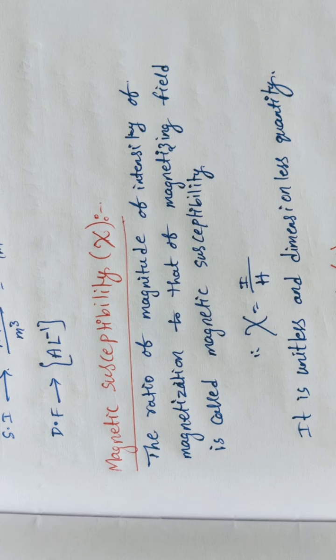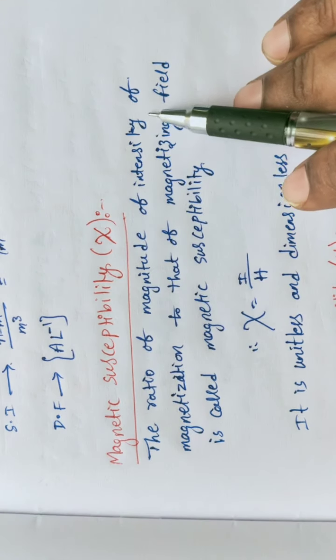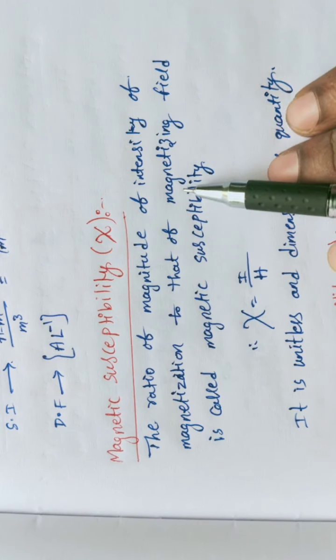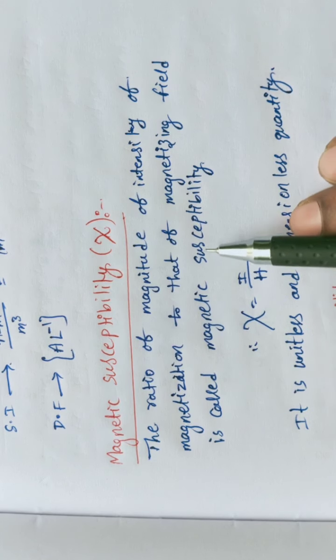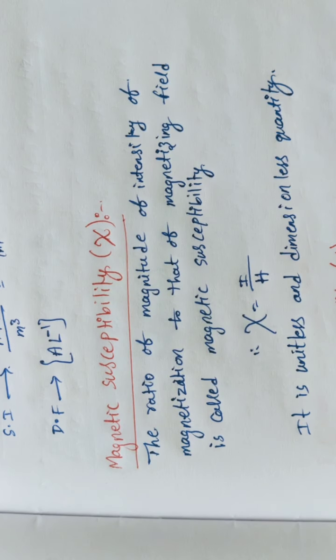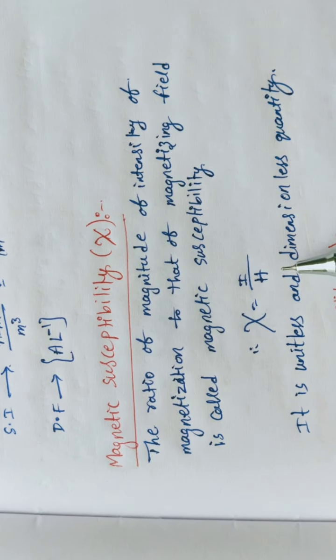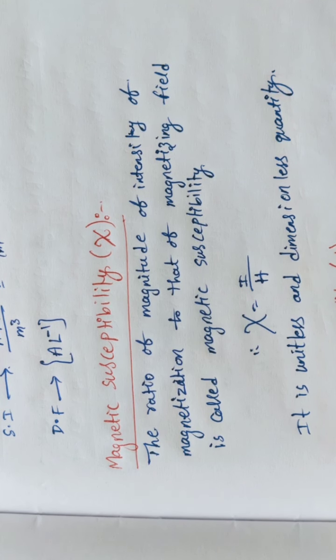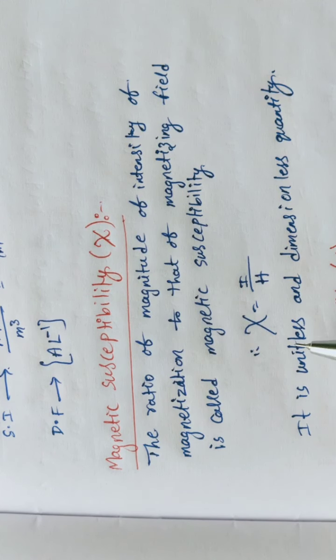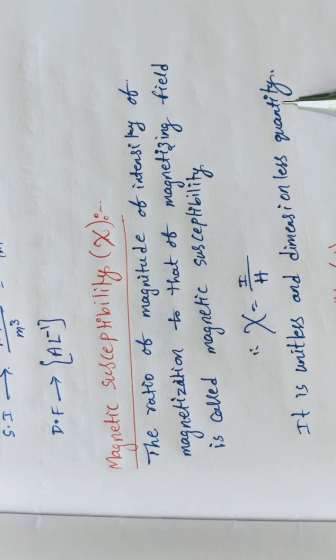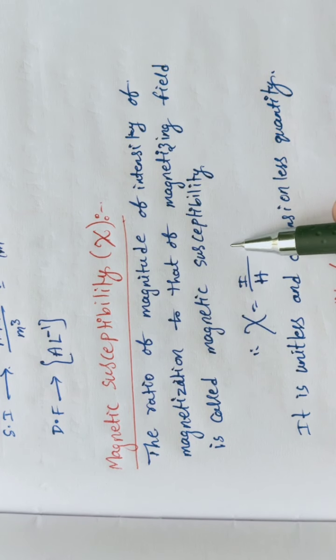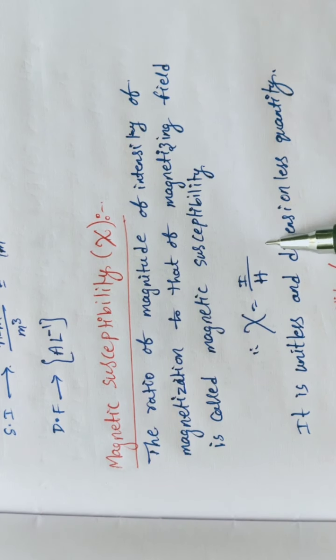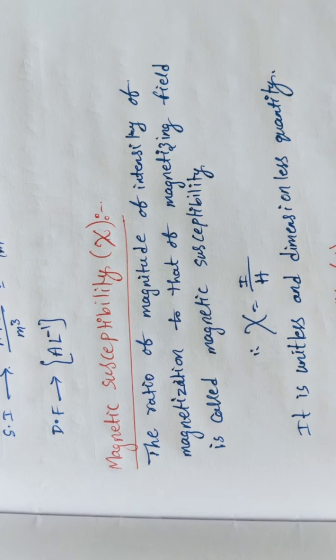Now I am ready to discuss that statement. The ratio of magnitude of intensity of magnetization to that of magnetizing field is called magnetic susceptibility. So Xi is equal to I by H, intensity of magnetization divided by magnetizing field. This is a unitless and dimensionless quantity. The reason is that for I, ampere per meter is the unit, and for H also ampere per meter is present.